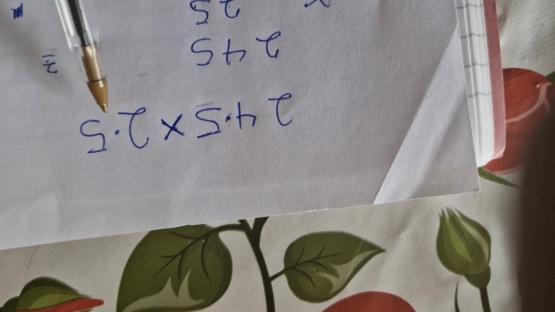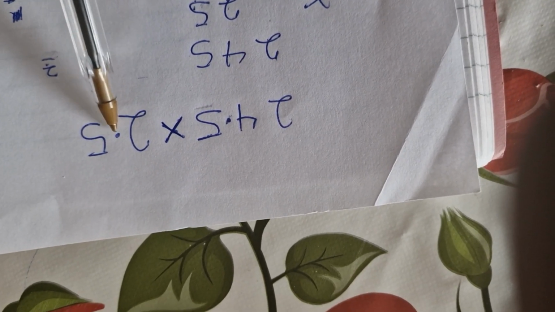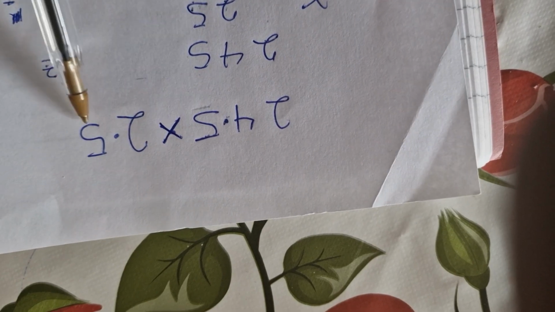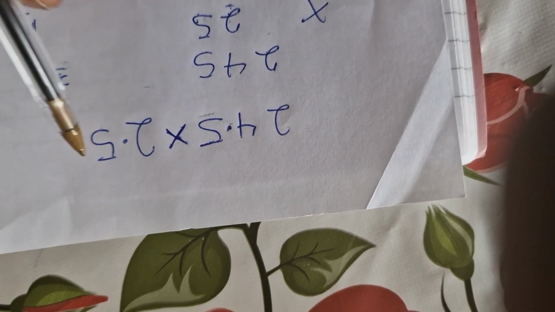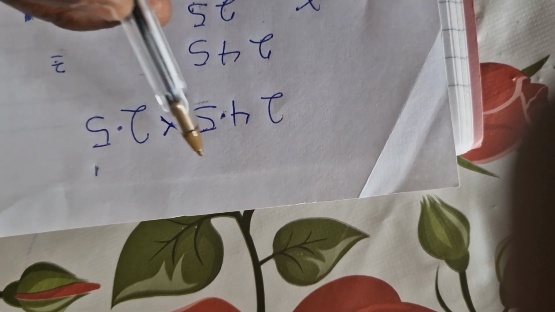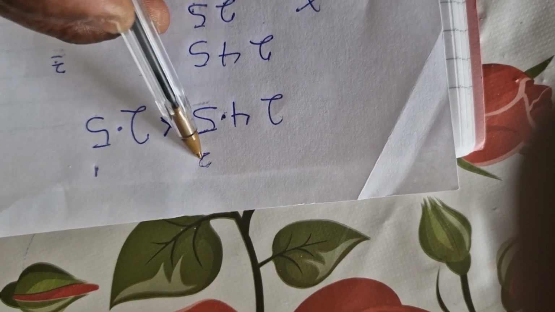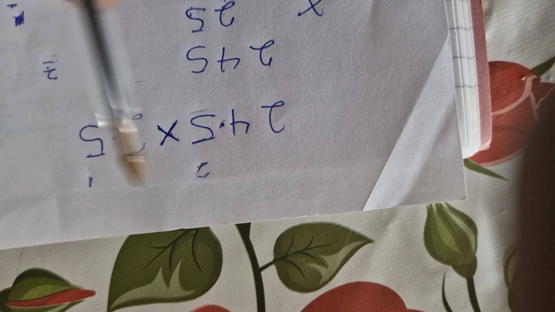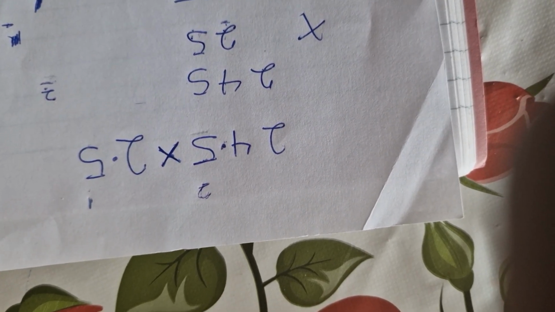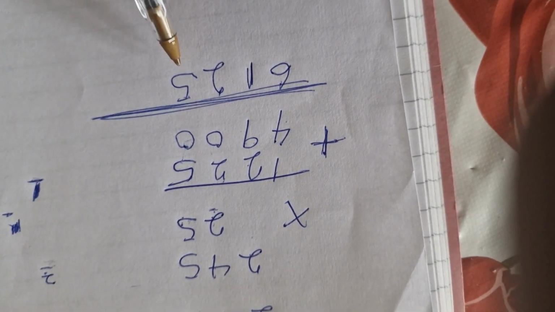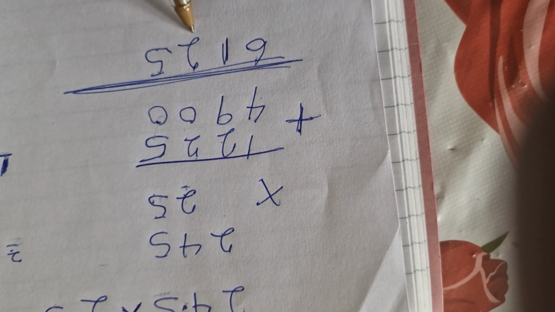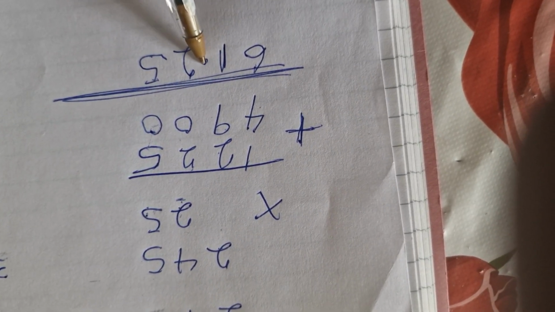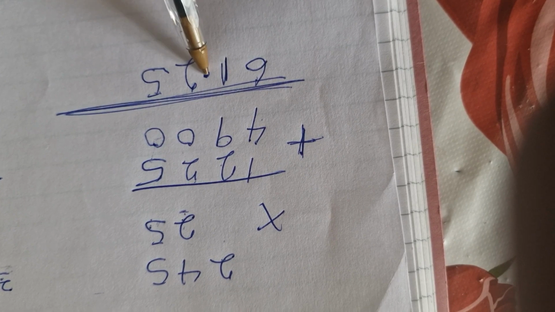Then on the side, after the point, we have another figure here. So you count, here is 1, here is 2. So we have 2 decimals. So when you come here, you count from here 1 and 2, and your point will be in between here.